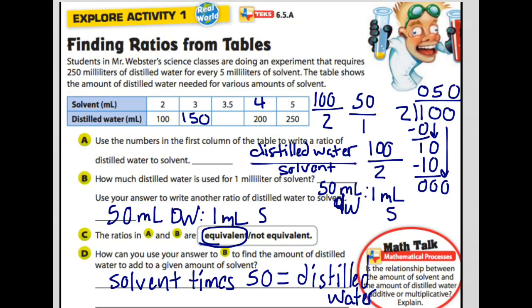And then my last one, I need to figure out 3.5 times 50. 5 times 0 is 0, 5 times 5 is 25, 3 times 0 is 0, 3 times 5 is 15, 0, 5, 7, 1, and I need to move my decimal once, so I got 175 for 3 and 5/10 milliliters of solvent. I just took all the numbers on the top, the solvent, and multiplied them by 50.